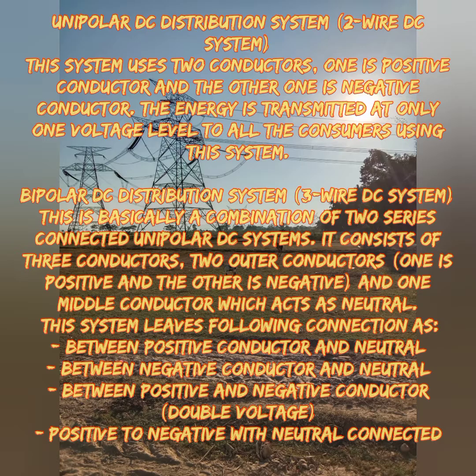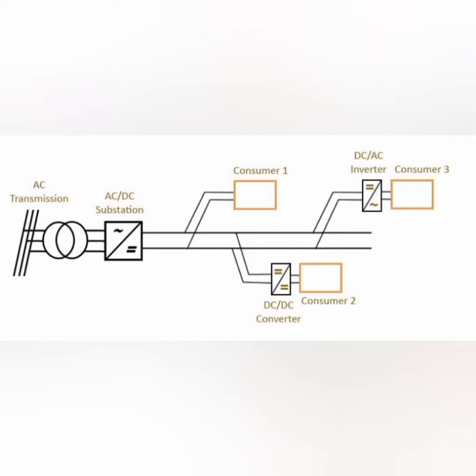So the system has the following types of connections: between positive conductor and neutral, between negative conductor and neutral, between positive and negative, and lastly positive to negative with reference to your neutral conductor. So these are all the basic connections of your HVDC system.